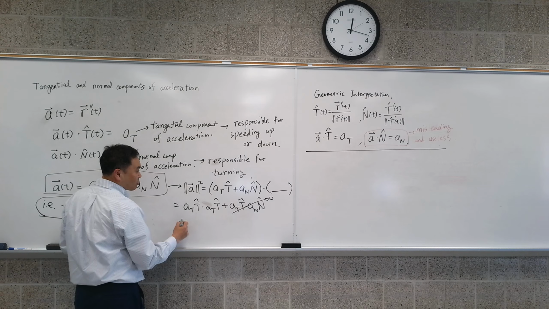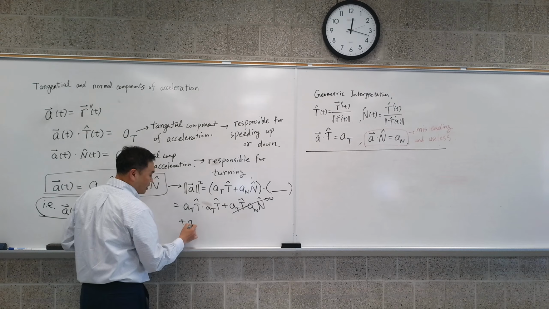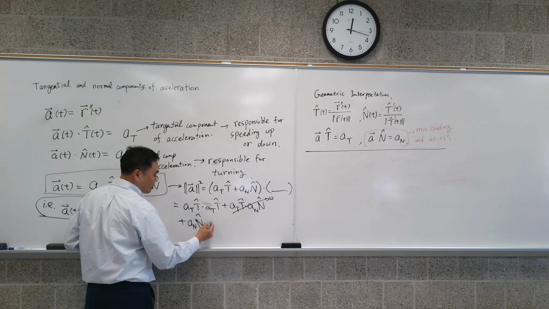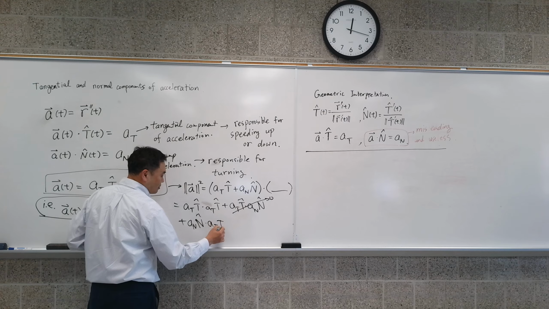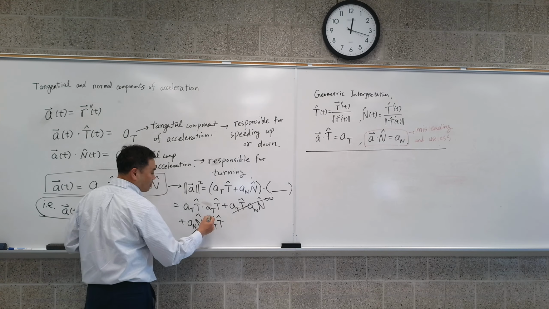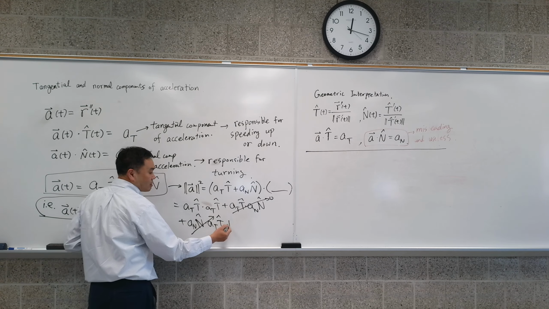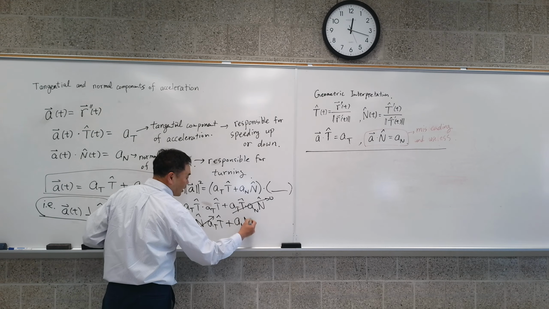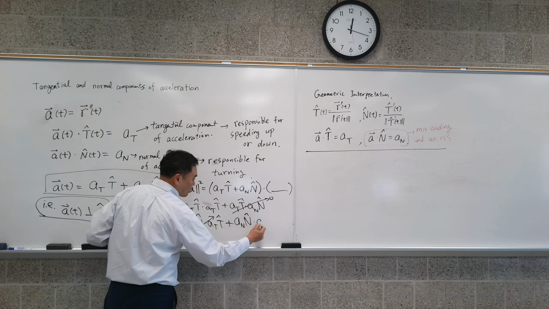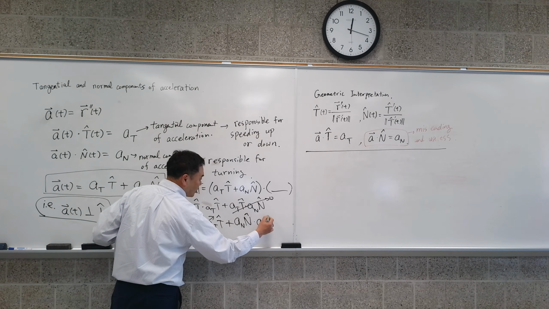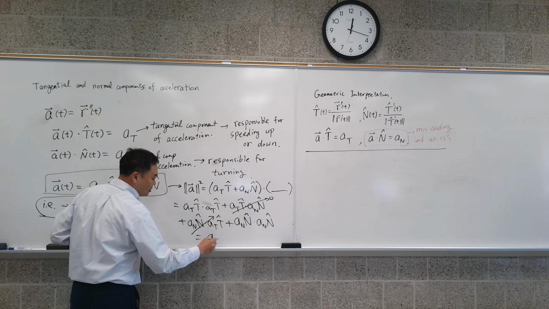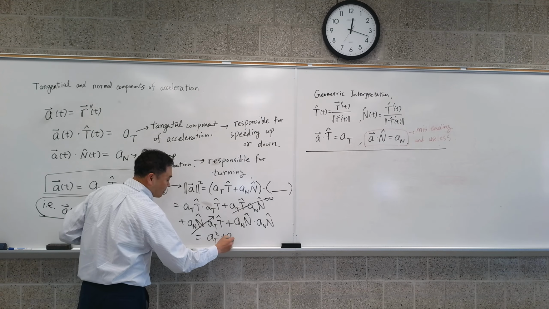And vice versa. When this hits the first guy, a_N N hat dotted with a_T T hat, that's going to give you 0 because these are perpendicular. And then a_N N hat dotted with a_N N hat will give you a_N squared. So you get a_T squared plus a_N squared.